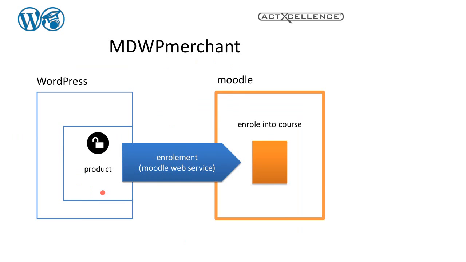And what you are doing is you create a product. Thank you, Frankie. I create a product, and you have a course on Moodle, and through the Moodle web service, you get an enrollment directly into the course.